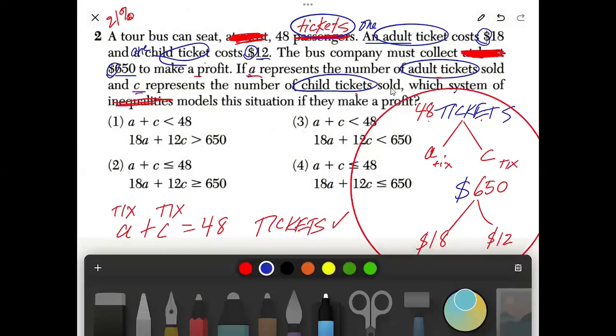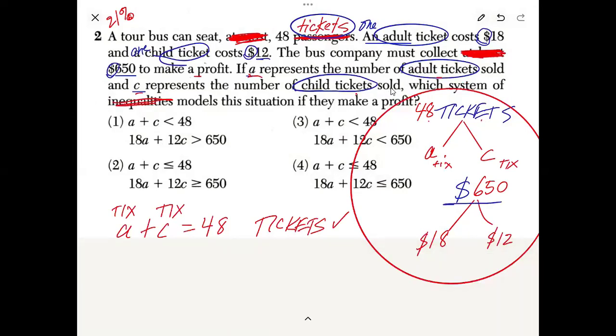Second equation, it's going to be $650. We know we have to raise $650. So I'm going to say we've got to have $650. So that means over here, we need to have dollars. But we just can't write 18 plus 12 because that's not equal to 650.